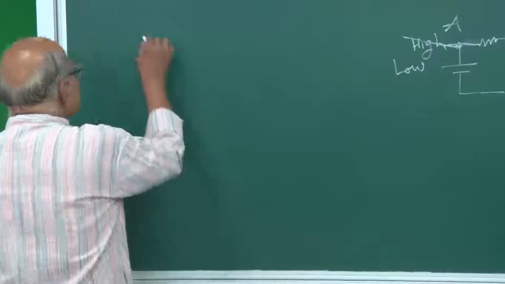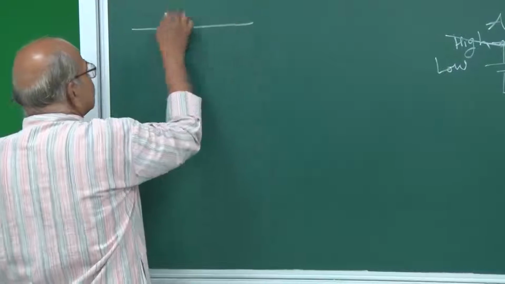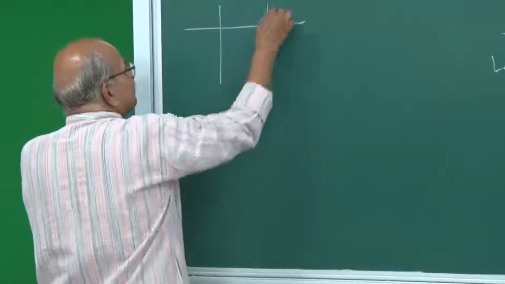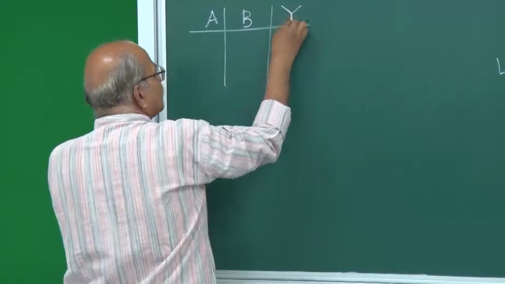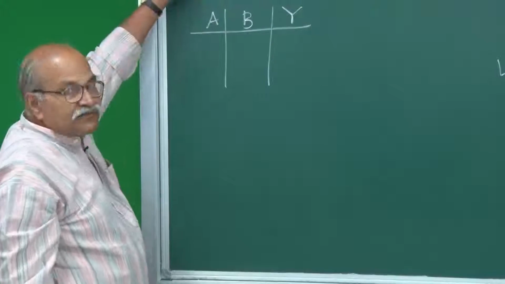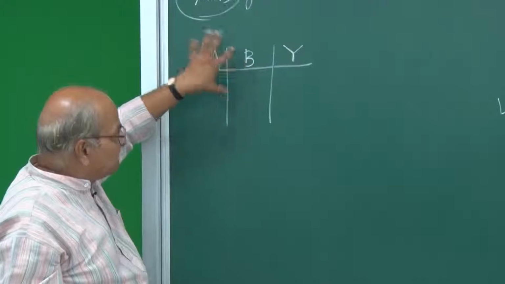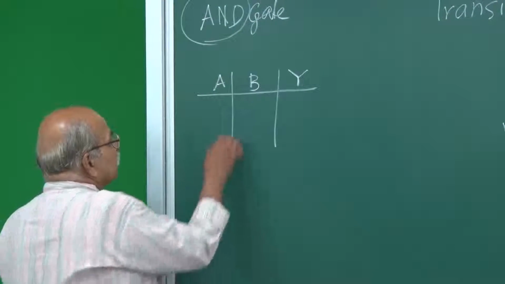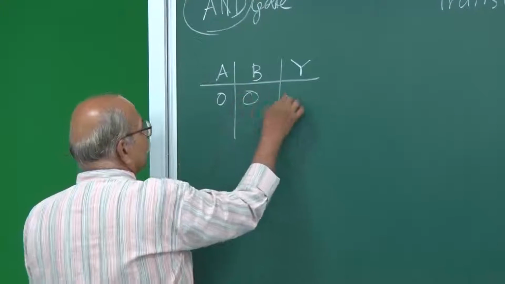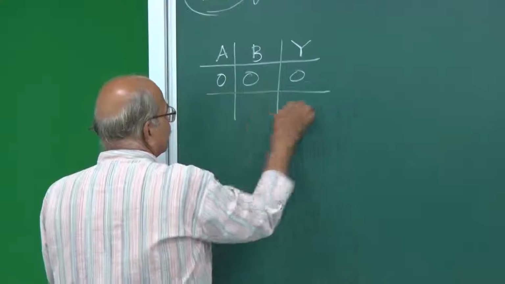So if I draw the truth table, for 2 inputs and 1 output, the basic AND gate will have this. You can have more inputs, but the basic AND gate will have 2 inputs and 1 output. If A is 0 and B is 0, Y is also 0.